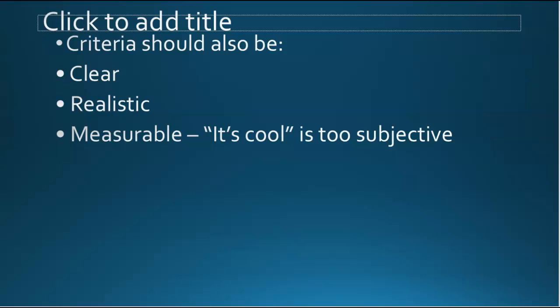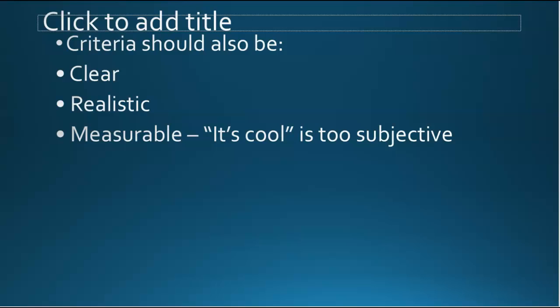Well, that's not very realistic, and you may lose some credibility because no matter how successful the film is, it's not the greatest film ever made. Maybe it's one of the most effective action films ever made, but really going up against films like The Godfather, Citizen Kane, it's not the greatest film ever made, but it is very effective in the category or subcategory of action films. So make sure your criteria is realistic.